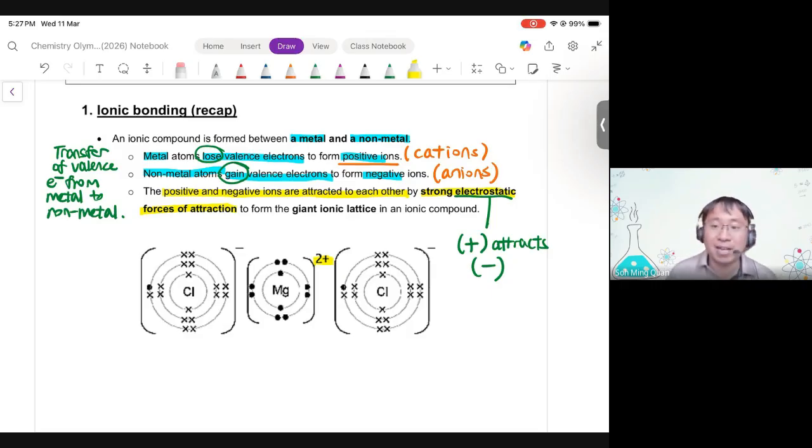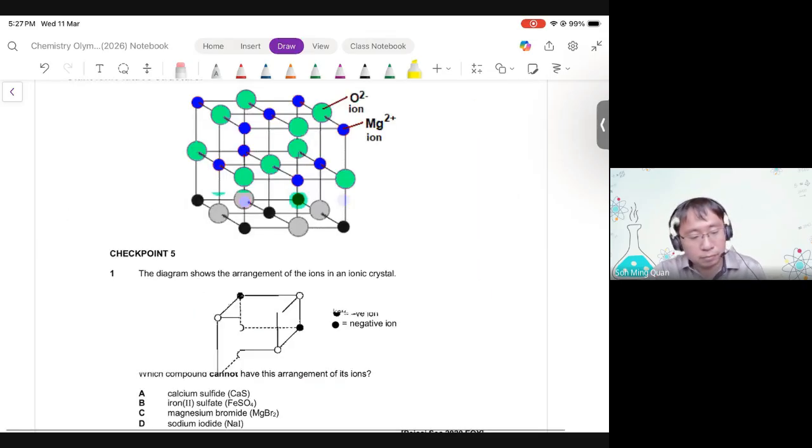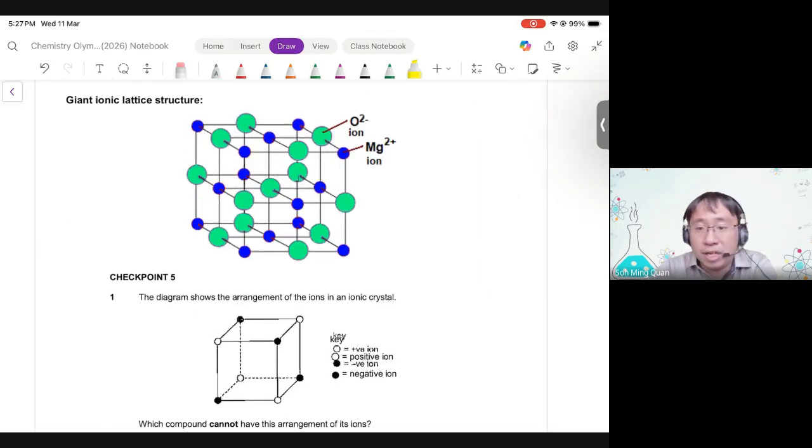Okay. So moving on. Now the next page shows you this crystal structure. This is a crystal structure of the compound magnesium oxide. Mg2+, O2-. The plus and minus balance out. So the formula is called MgO. MgO's name is called magnesium oxide. All right.